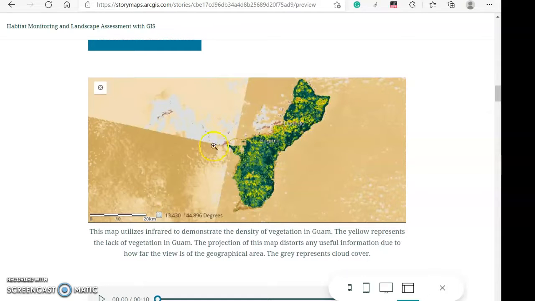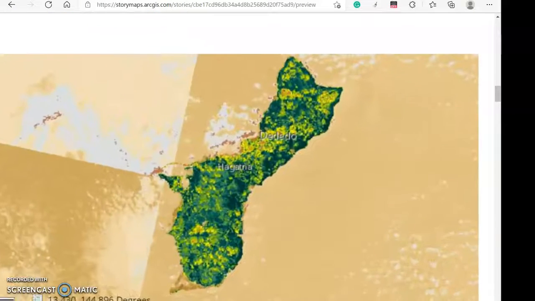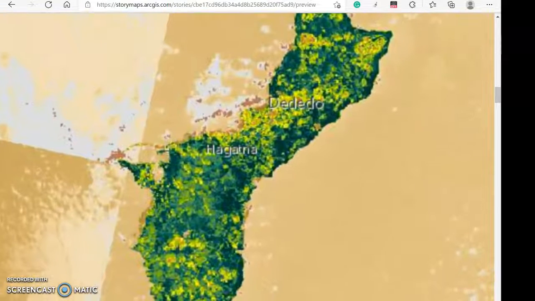I've also created this map using infrared to demonstrate the different densities of vegetation on Guam. The vegetation on Guam is important because of the brown tree snake population's effect on the cocoa bird.